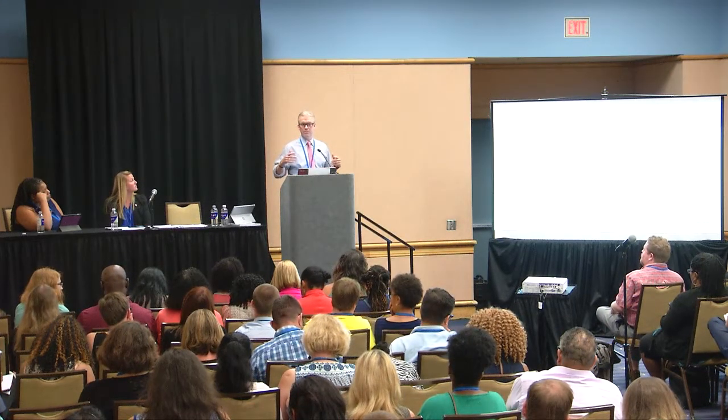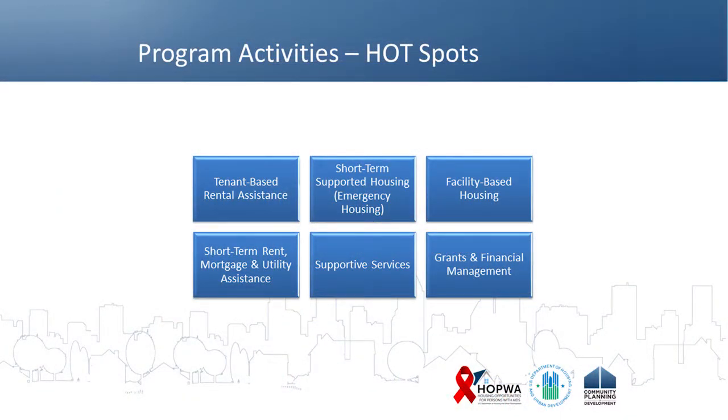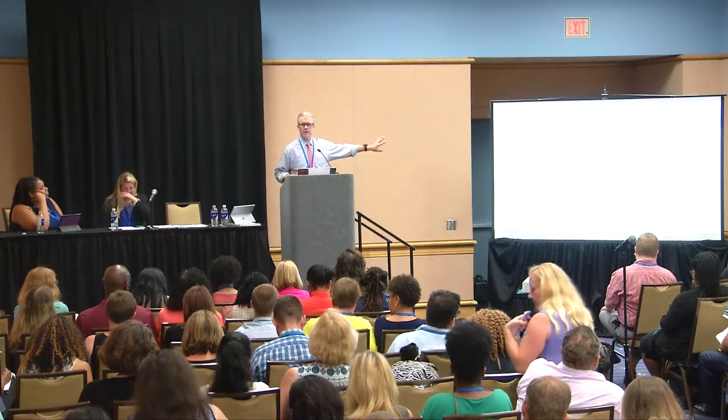So the hotspots we're talking about are hotspots because if there are problems with the documentation, that's when things can get into trouble. We're going to be talking about these different program areas and activities: housing assistance, supportive services, and financial management.